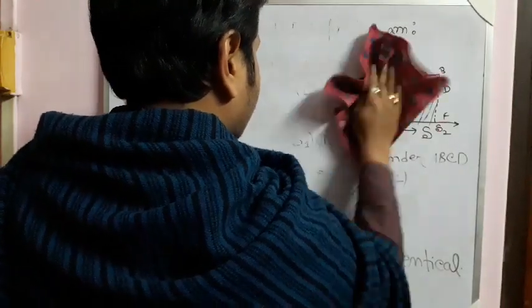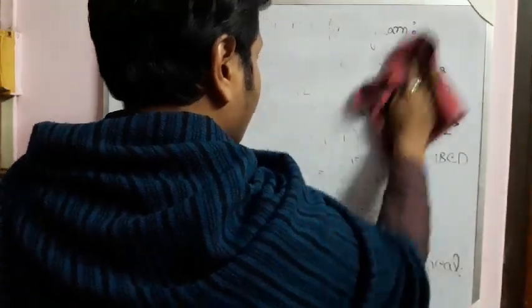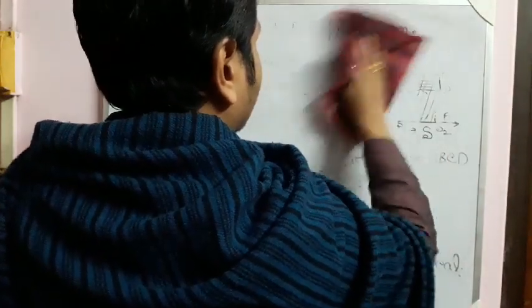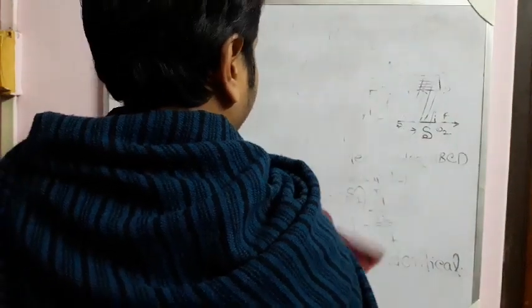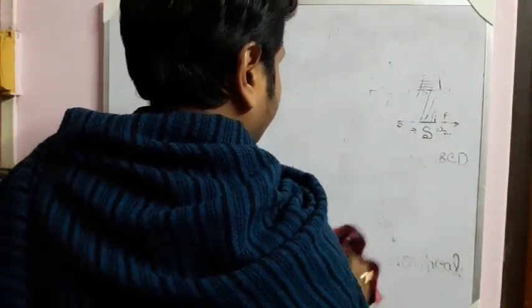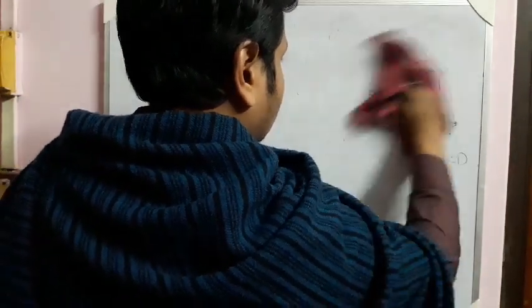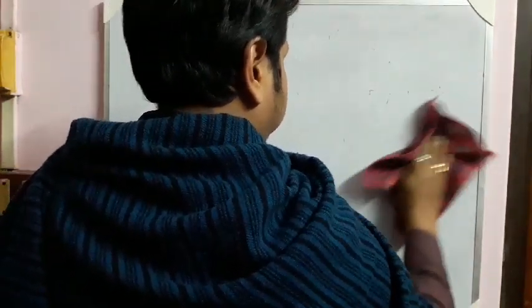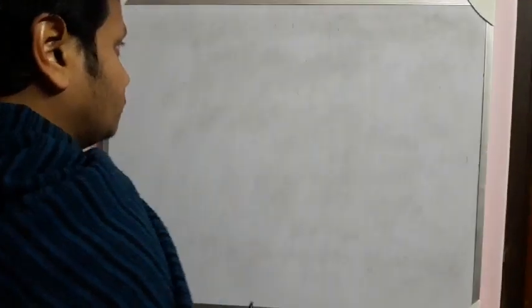So this is the simple interpretation, that the area under the Carnot cycle represents the amount of heat available converted to work. Okay.